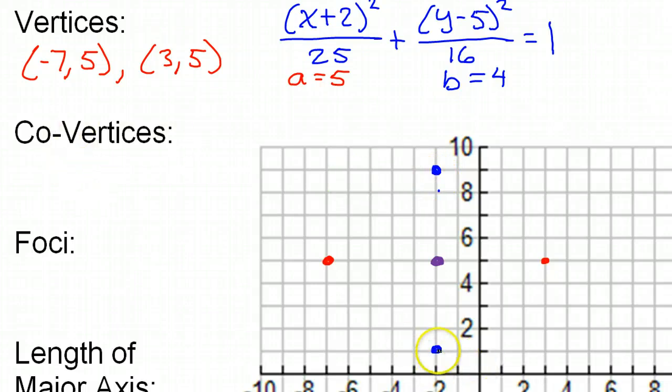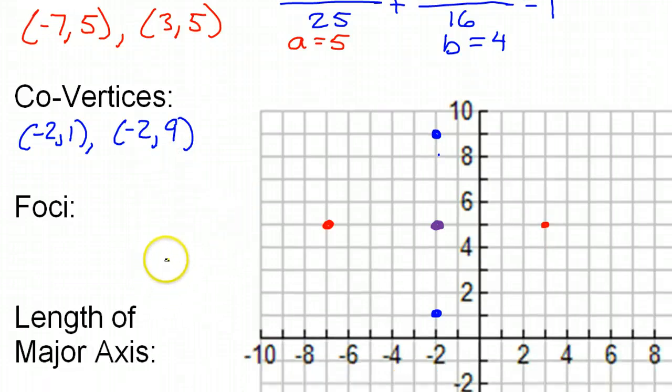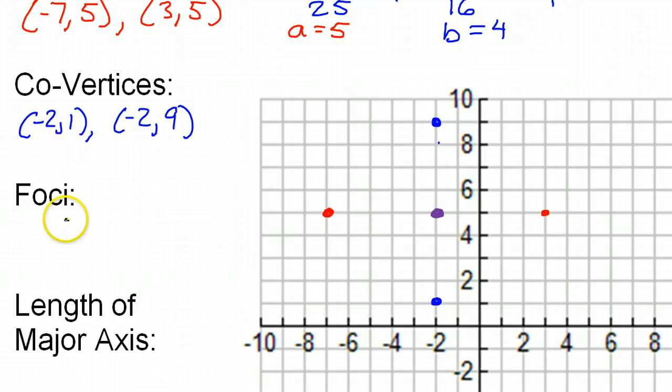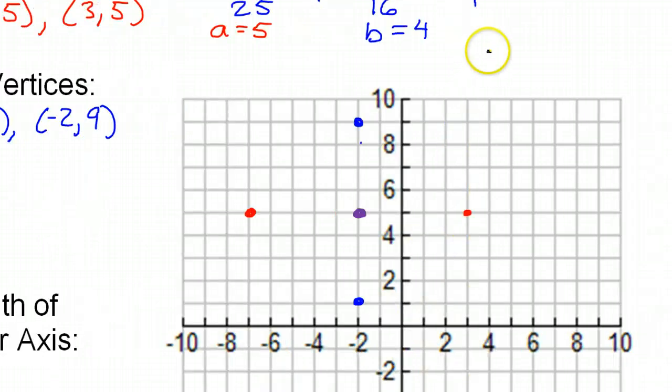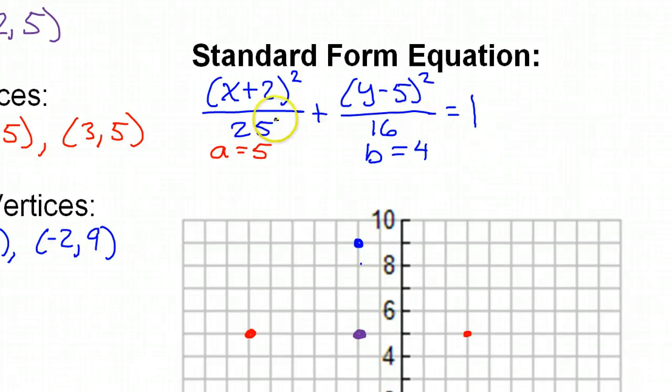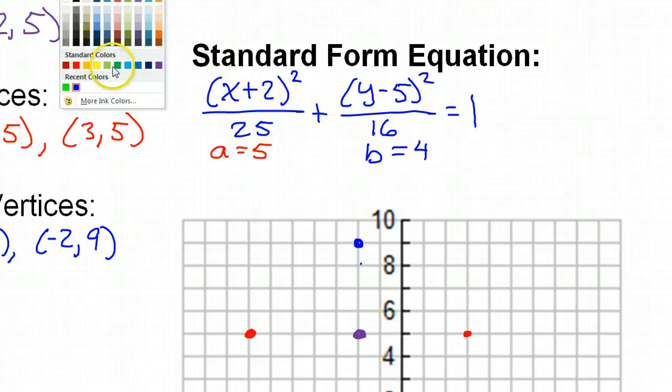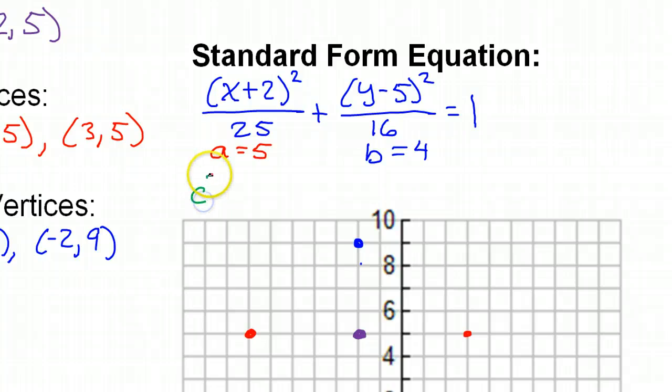So that's (-2, 1) and (-2, 9). Those are my co-vertices. Okay, now the foci, we need the c value for that. So we know that c squared is equal to a squared minus b squared.